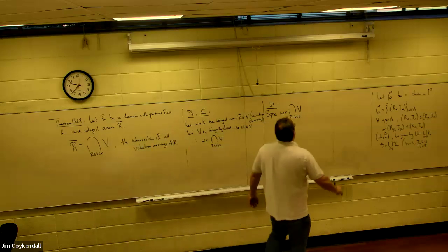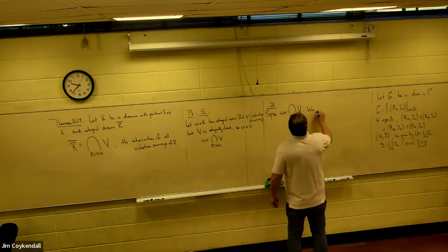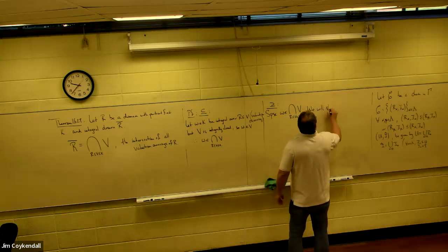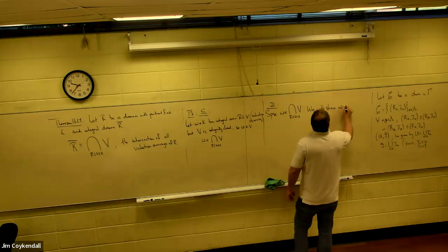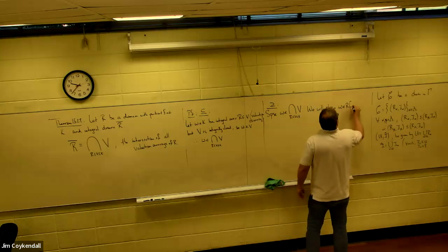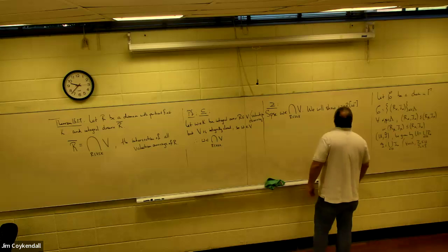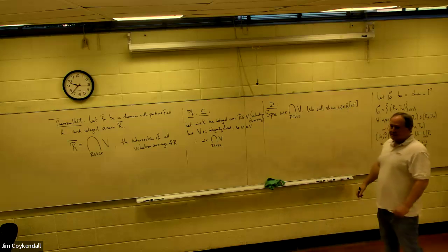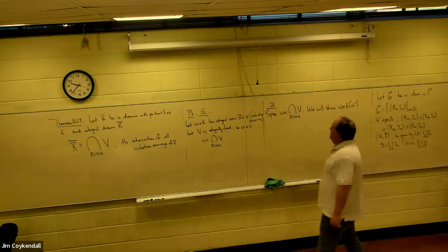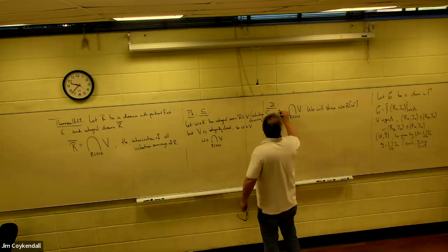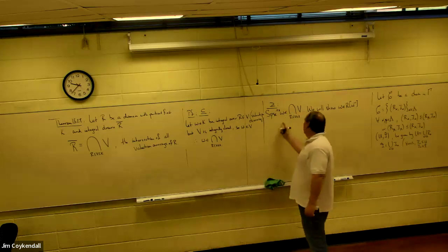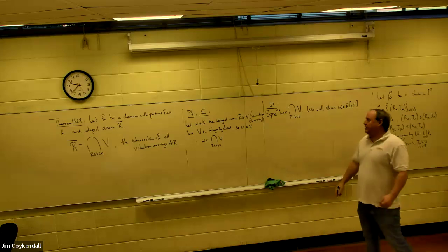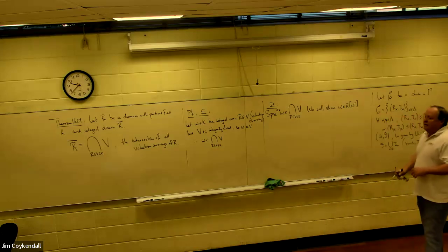We will show omega is in R[omega inverse]. And okay, let's assume this is not zero, because obviously zero is going to be in any ring, so there's nothing to prove there.